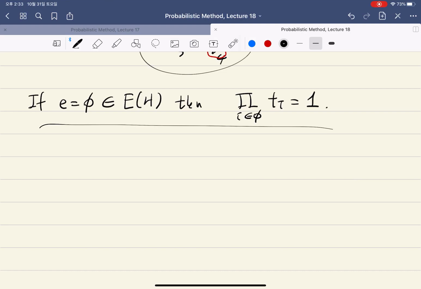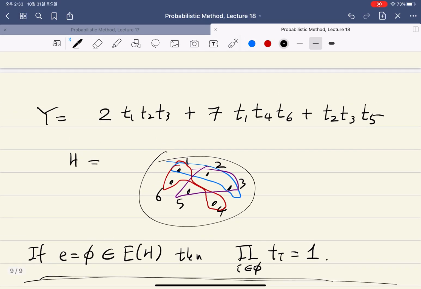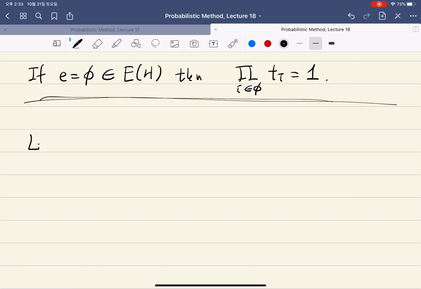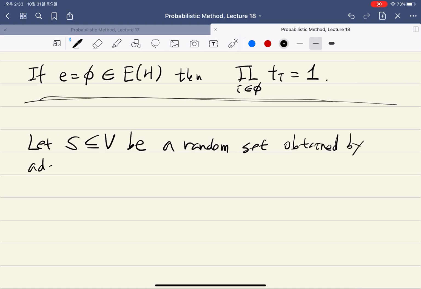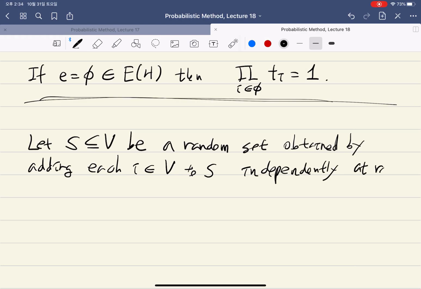So now what we want to consider is that some of them are 1, some of them are going to be 0, right? So we let S be a random vertex set which is obtained by adding each i to S independently at random with probability p_i.